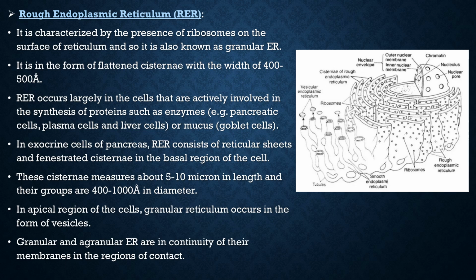In apical region of cells, the granular reticulum occurs in the form of vesicles. Granular and agranular endoplasmic reticulum are in continuity of their membranes in the regions of contact.